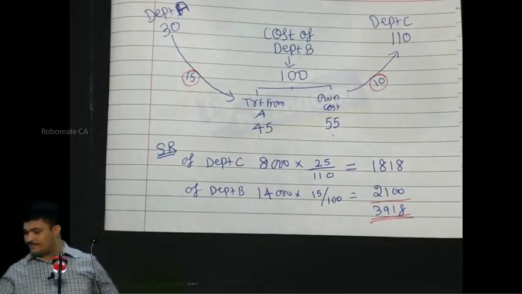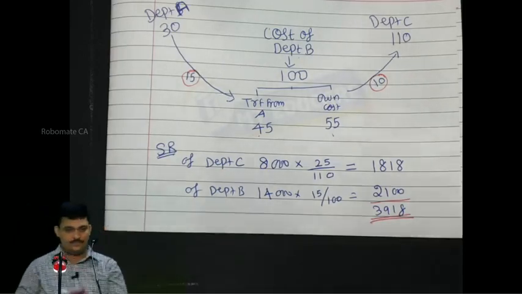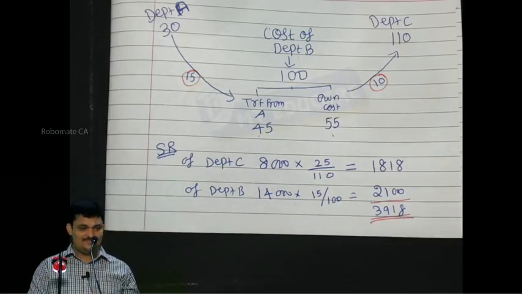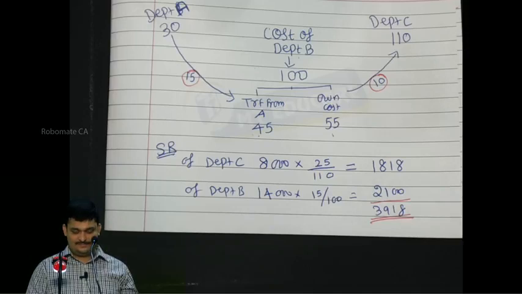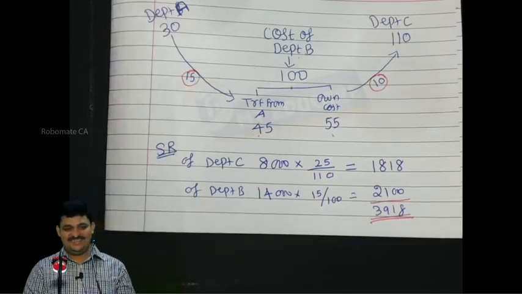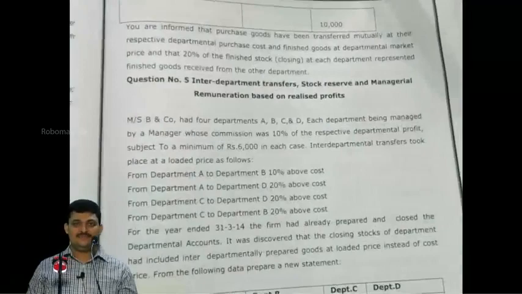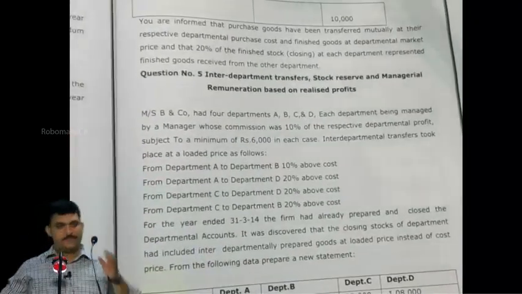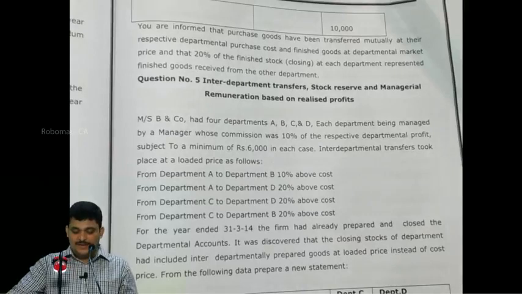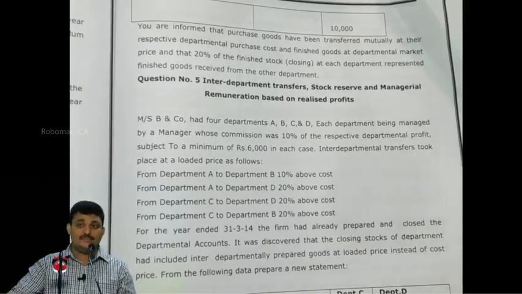Question number 5, page number 131. Interdepartmental transfer, stock reserve and managerial remuneration based on realized profits.